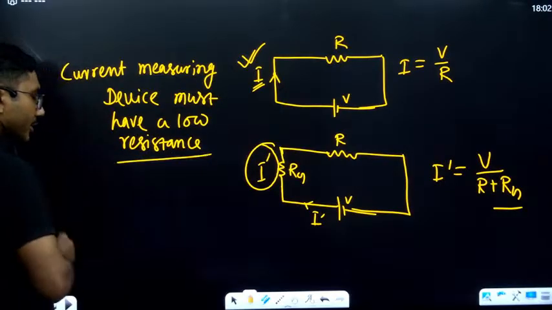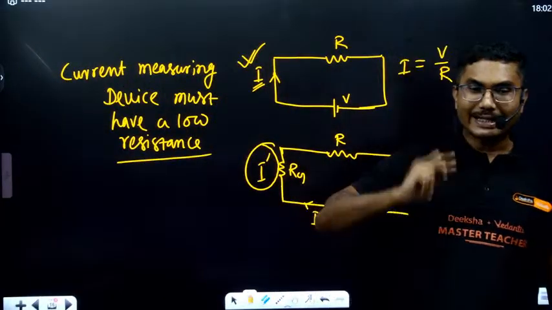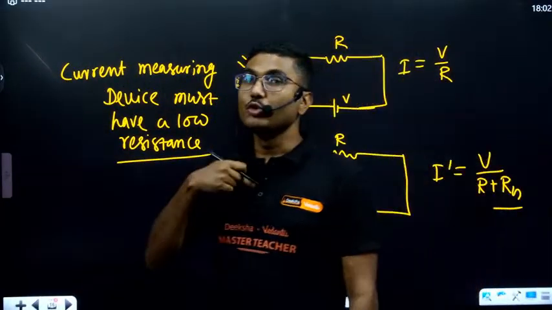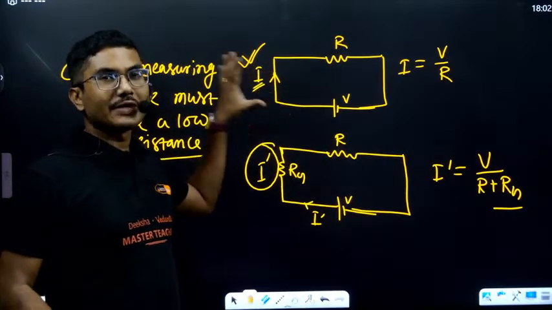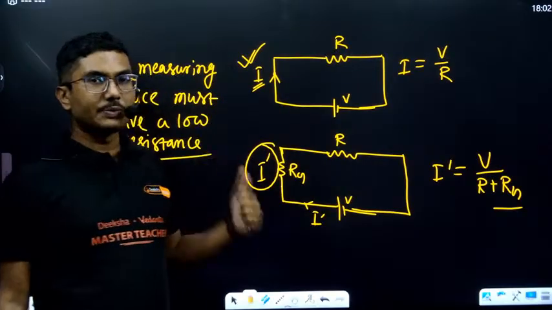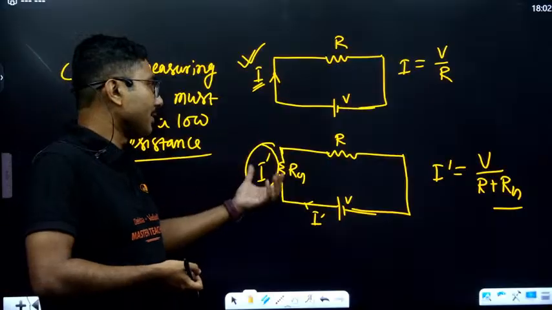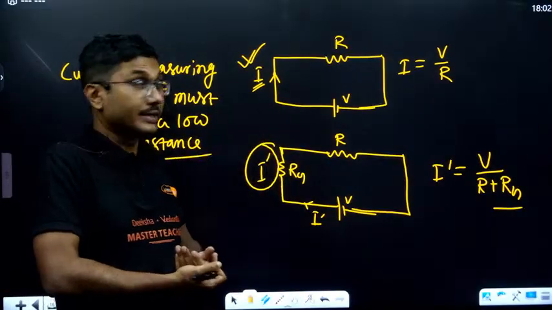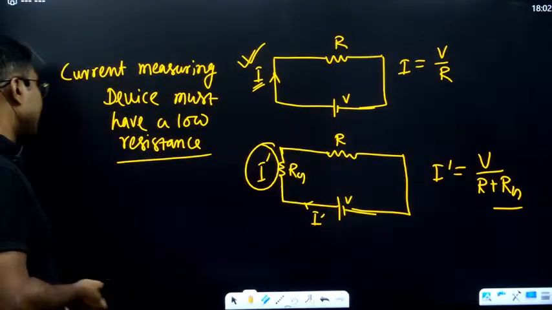That is super important. The galvanometer on its own can measure current, but that current is not the accurate one that we want to measure. We want to measure this current without affecting the resistance of the circuit by much. That is not possible with the galvanometer. As soon as the galvanometer comes into the circuit, it is influencing the circuit itself and reducing the current, which is not our desired result.